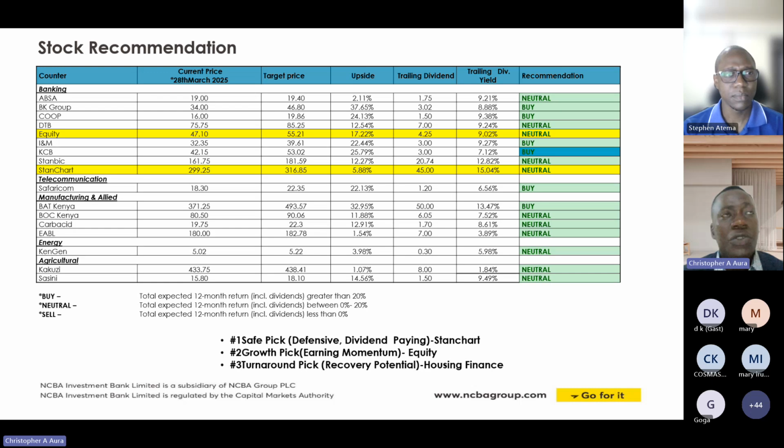But America has an impact on what happens globally, and right now Trump has erratic policies. You want to be certain of what he'll do tomorrow. We export about 90% of Sasini and Kakuzi products to the export market. So that's why I'm not so keen to recommend agricultural stocks.